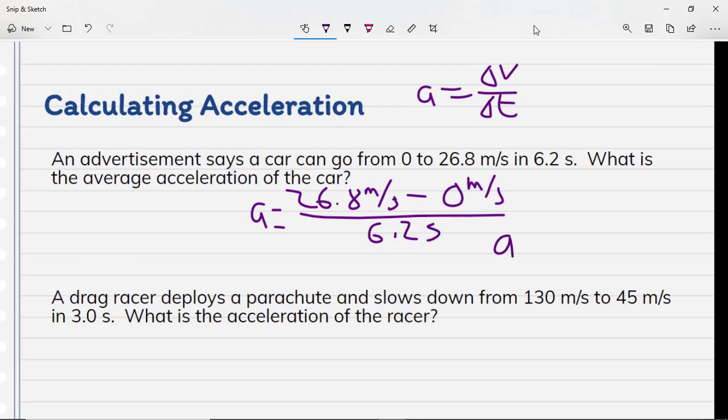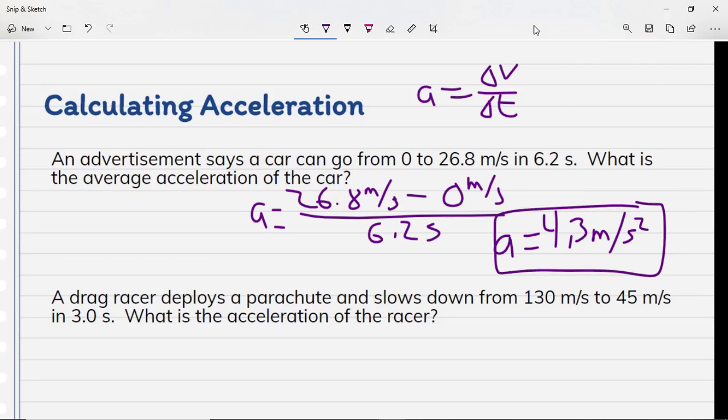So we plug those numbers into our calculator and solve, and we get 4.3 meters per second squared. Do not forget your units. Units are very, very important in this class, so please make sure you're putting down proper units here.